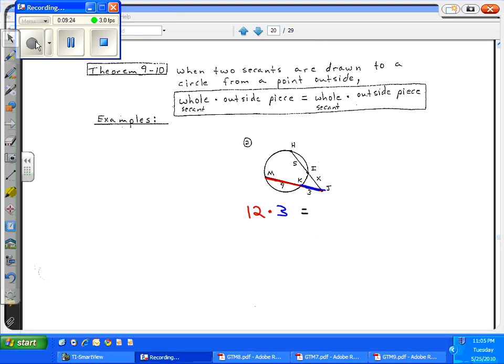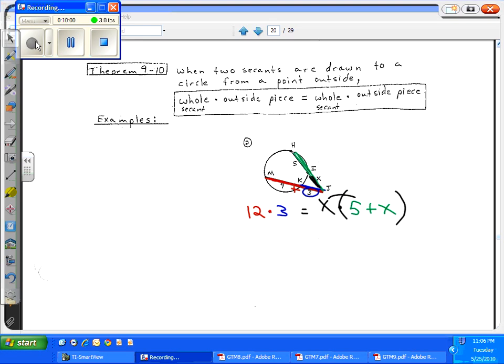So if two secants intersect a circle from a point outside, then one whole secant, 9 plus 3 is 12, times its outside piece, 3, is equal to the other whole secant, 5 plus x. See that? 5 plus x. Times the outside piece, x.